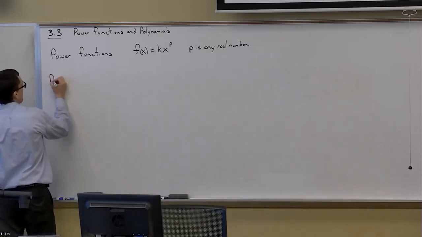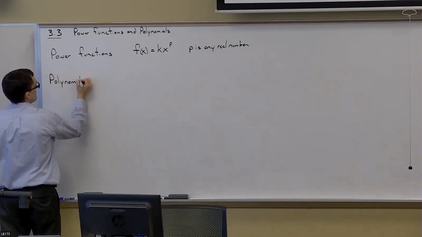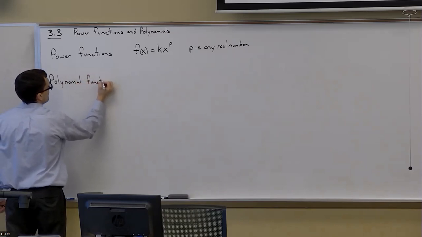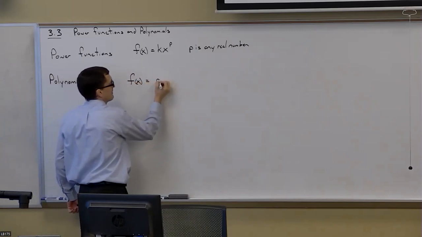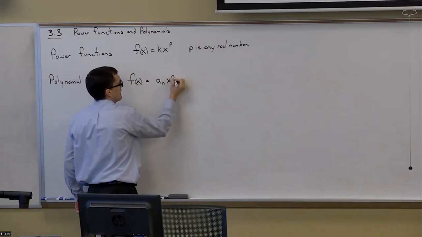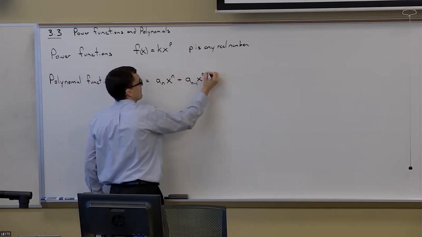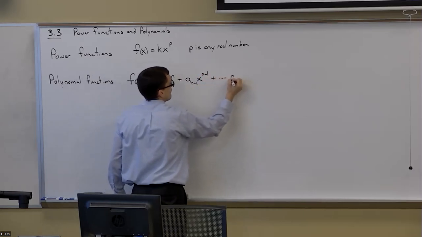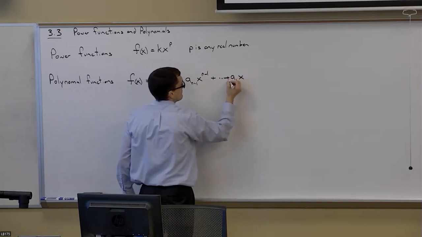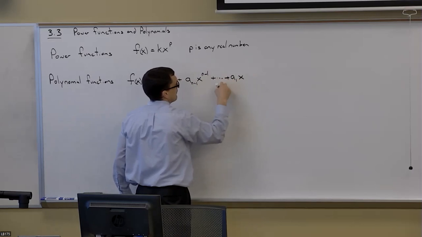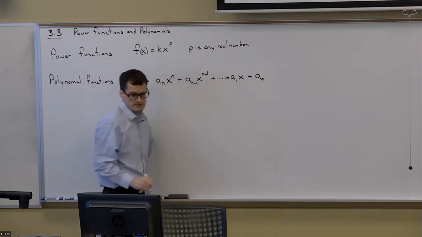And then we said, well, polynomial functions are functions that can be written like this: a sub n x to the n plus a sub n minus 1 x to the n minus 1, and so on and so forth, till you get a1 x to the first plus a sub 0, which is our constant.